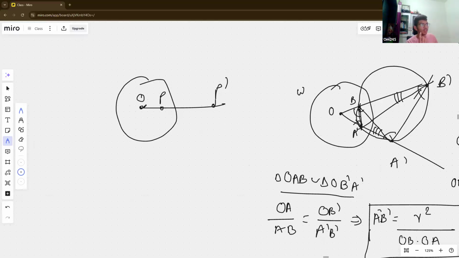So if you do inversion about another random point, like if you invert about O and P goes to P', and if you first invert about O', then the same thing will be followed.